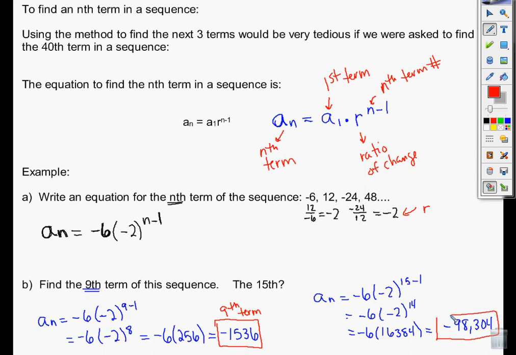Now look at this. We only went 6 terms out, right? We went from the 9th to the 15th. We only went 6 more terms, and we went from 1,536 to 98,000. That's exponential growth, geometric sequences. They get really big. And this is just multiplying by 2, 15 times, basically. We take a 6 and you multiply it by 2, 15 times, and you get 98,000.